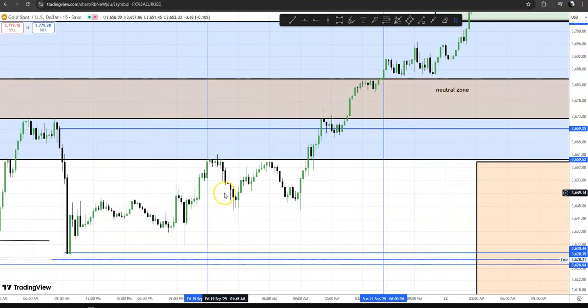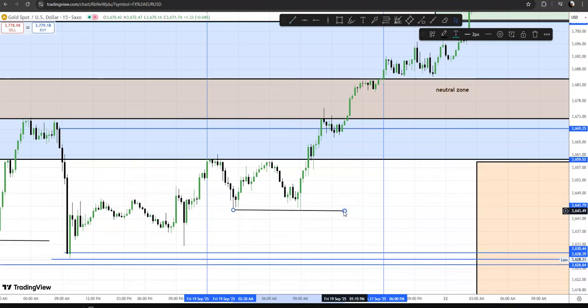Now, where did Friday end? The low of Friday. We have to highlight that. Always mark the lowest area the market price made overall for the week, but also it's important to mark the lowest area the asset price made on the closing day of the week, which would be Friday.